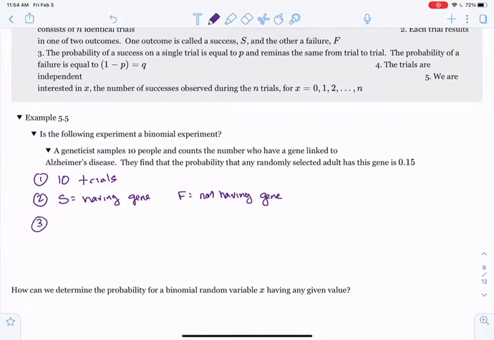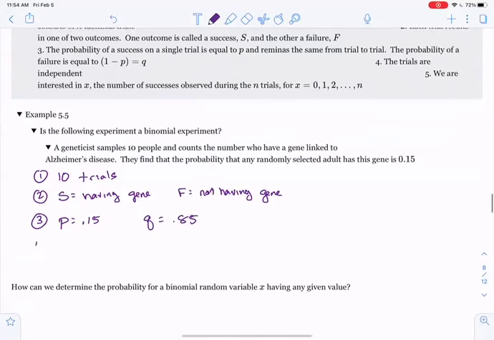Three, the probability of success, we're told, is that the probability that any randomly selected adult has this gene is 0.15, and that makes Q 0.85. So yes, these things are consistent. Four, the trials are in fact independent, right?